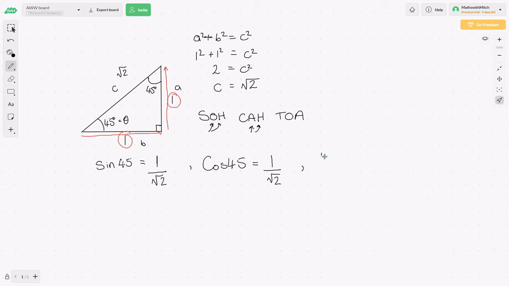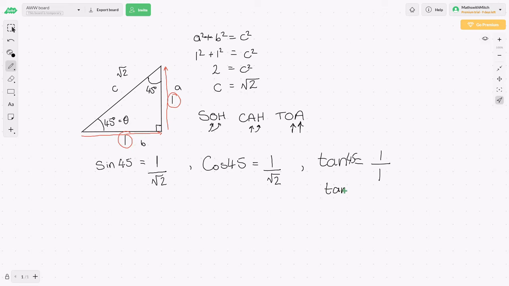And let's now finish it off with tan. Now we've just said they're both the same thing. Sine and cosine of the angle at 45 degrees are both the same. And we said tan 45, tan is the ratio of sine over cos. So when we do opposite over adjacent, which we're going to use based on SOHCAHTOA, that gives us 1 over 1.